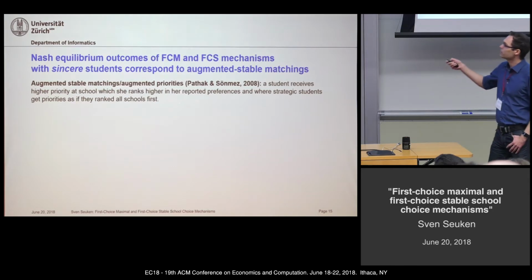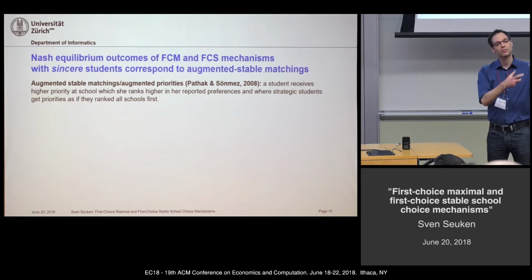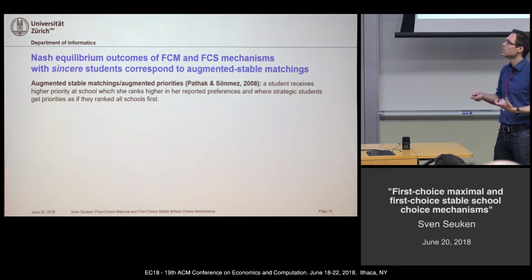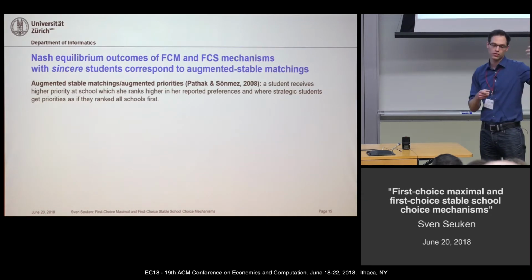So to understand augmented priorities, you take the original priority order and then you modify it to allow an analysis of this mixed setting. And then you get that a student receives a higher priority at a school which she ranks higher in her reported preferences, and where strategic students get priorities as if they had ranked all schools first.